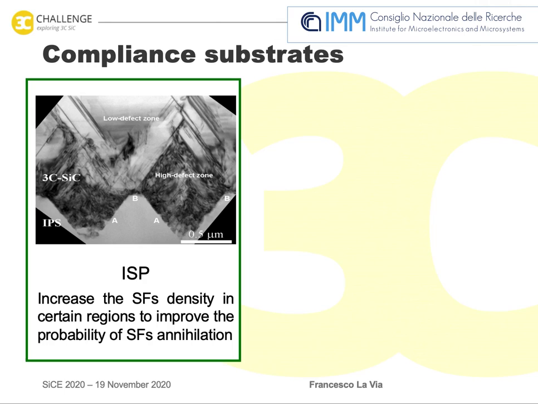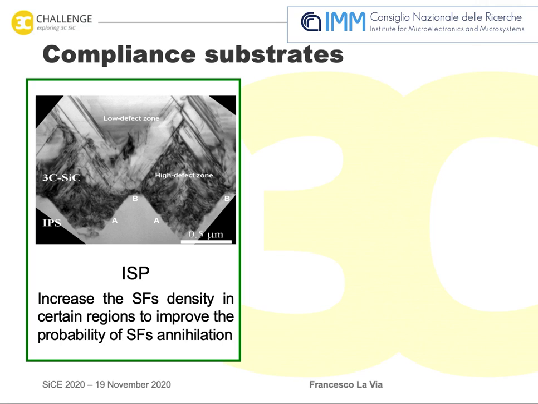We call compliant substrates some special substrates with some structure that can reduce the defects and the stress in the final material. One of these substrates is the inverted silicon pyramid substrate. In this case, several pyramids are realized in the silicon substrate to improve the reduction of stacking faults at the 3C silicon carbide silicon interface.